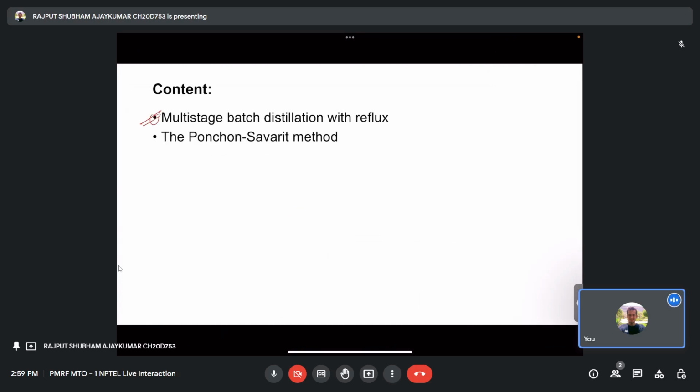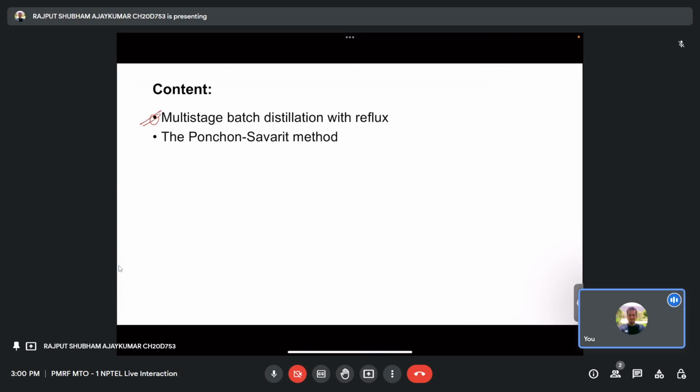What we've gone through till week 10 is batch distillation, steam distillation, as well as the McCabe-Thiele method to identify the number of theoretical stages for gas-liquid separation. We have also seen the rectifying and stripping sections and the concepts of the operating line, by solving numericals involving the McCabe-Thiele method, operating line, equilibrium line, and how to draw the plot and determine the number of stages using graph papers.